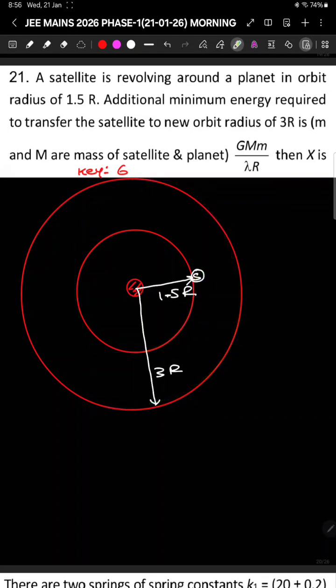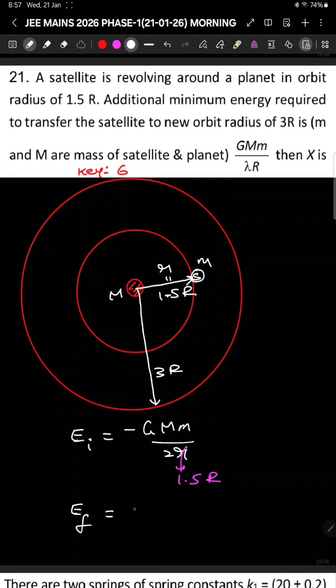So let us find the initial energy of the satellite: minus G capital M small m by 2r, where capital M is the mass of the planet and small m is the mass of the satellite, and r is the radius of the orbit. Initially the orbit radius is 1.5 capital R. Now when you shift it to the final position, the final energy is minus G M m by 2r, and now this orbit radius becomes 3R.